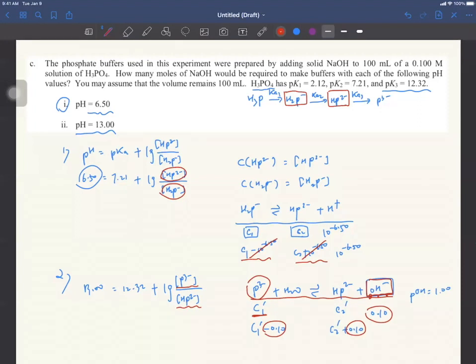So we need to add an additional amount, and then you can do some further calculation to confirm the amount needed. This is the trick of the question. I will also provide you another similar question for you to practice.